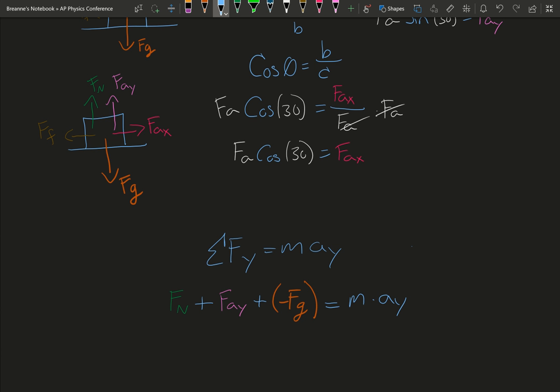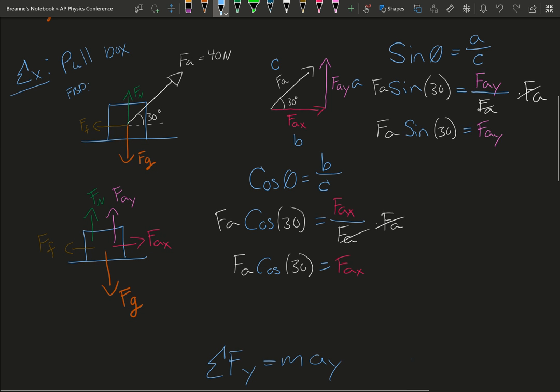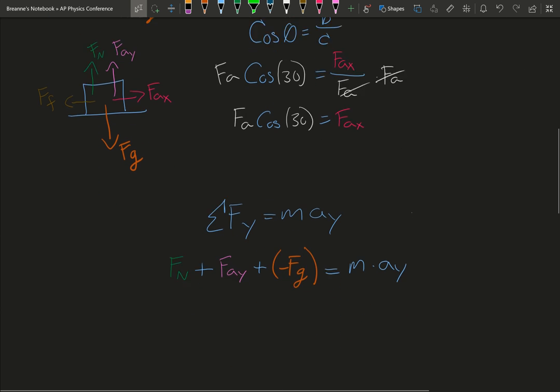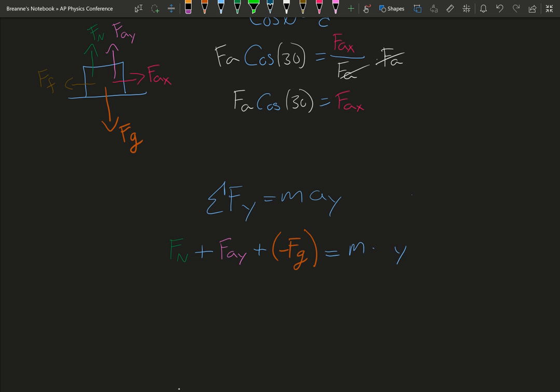Now, is it moving in the Y direction? Like if it says you're pulling a box, the whole point is for it to slide across the ground. So are you trying to pick up the box? No. So in this case, our acceleration is going to be 0.